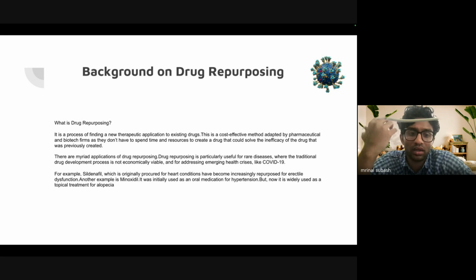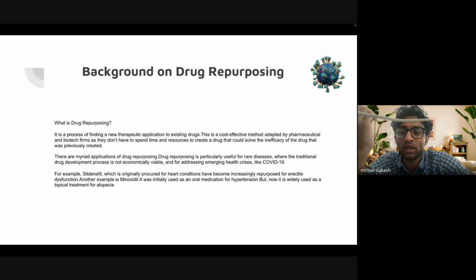Another one which is famous, and you probably come across this a lot of times in the supermarkets, is minoxidil. Minoxidil is famously used right now for alopecia, or hair loss, right?